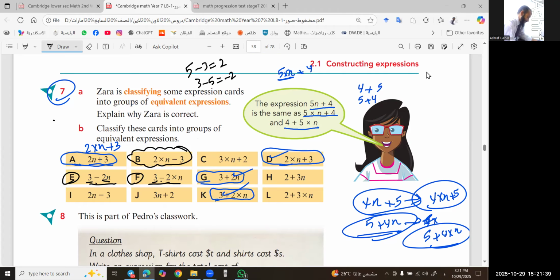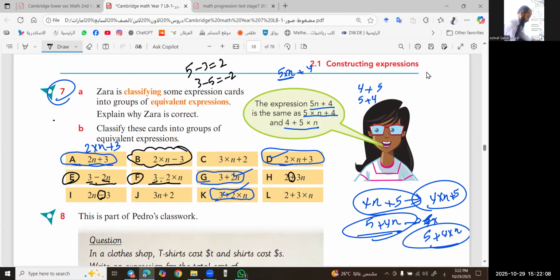Yes, yes. Like L? H is not like L. H is plus and L is minus, so they are not equivalent.